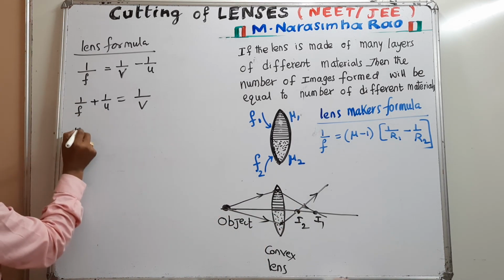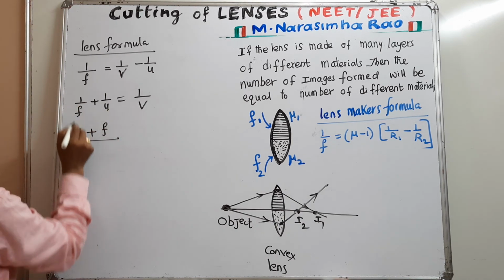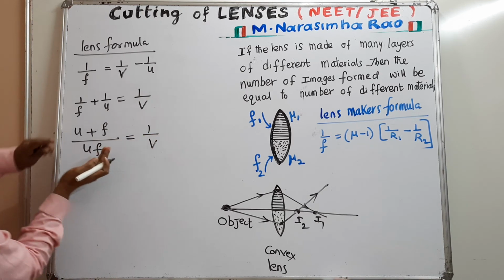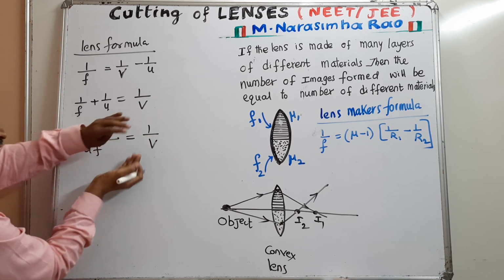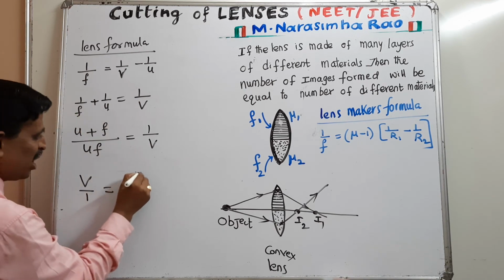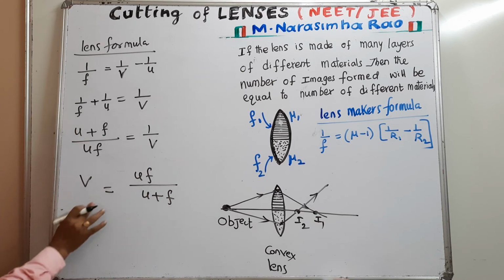So u into f by u into f, that is u f by u plus f, and reversing the order, v is equal to u f by u plus f.